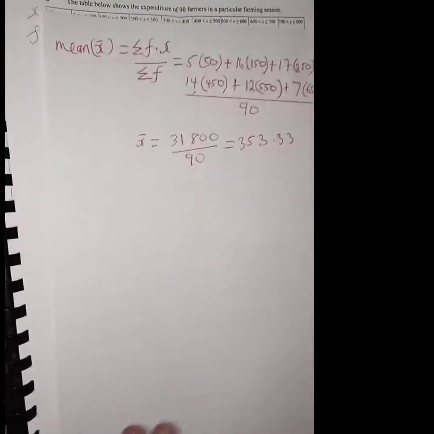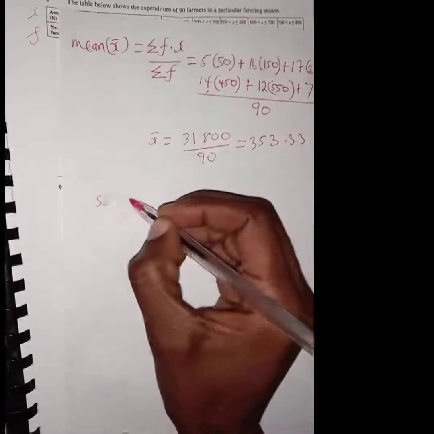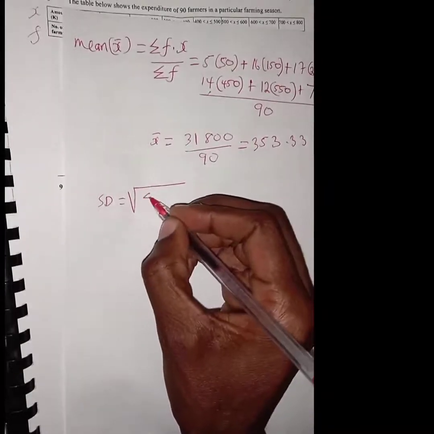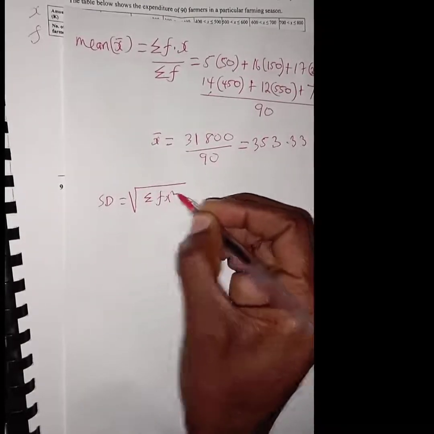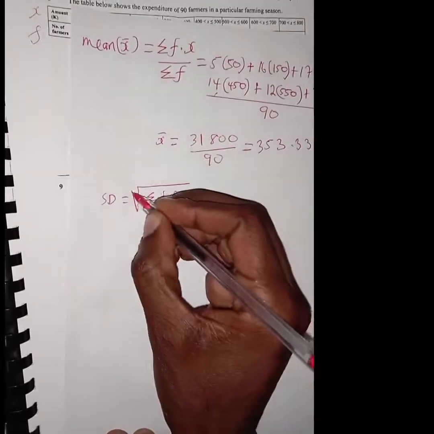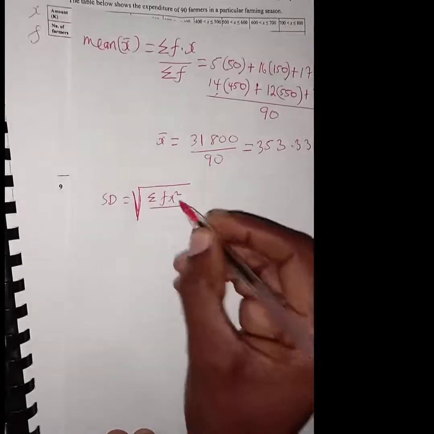So standard deviation, which is SD, is equal to square root of summation of fx squared over summation of f. The square root must be big to engulf everything here.